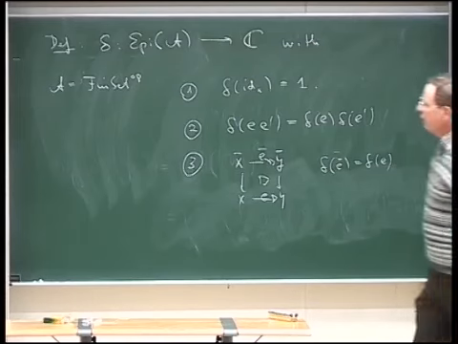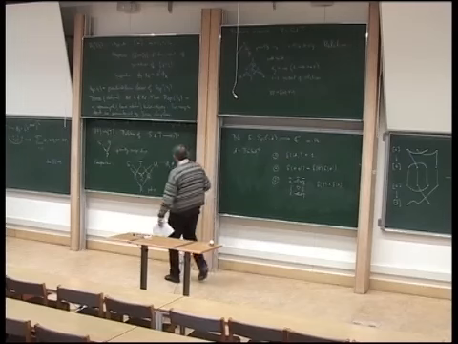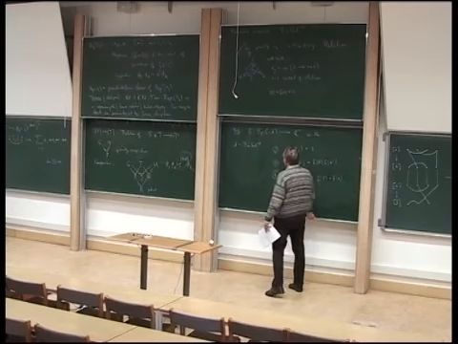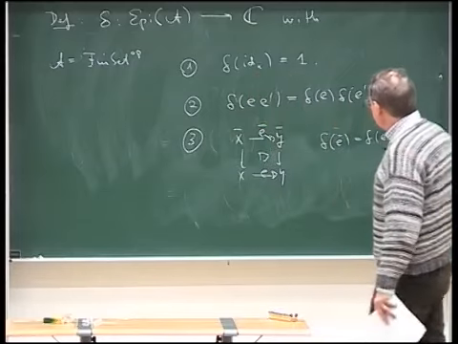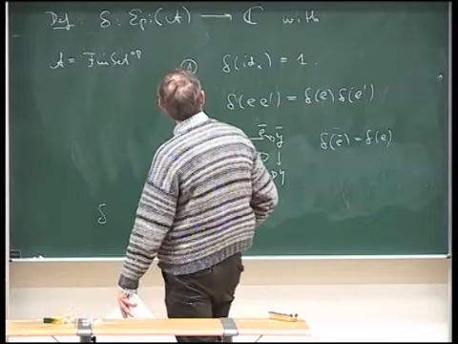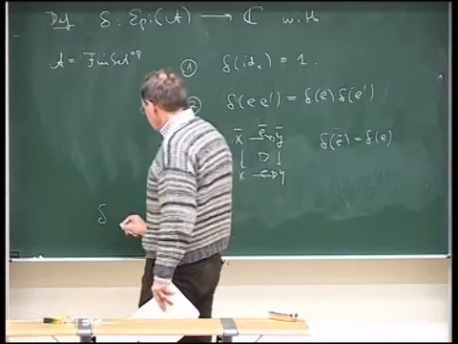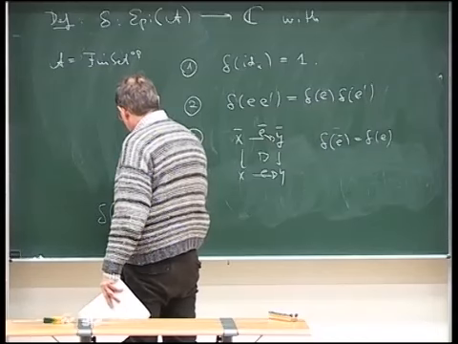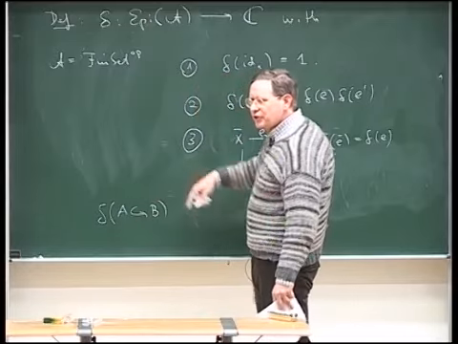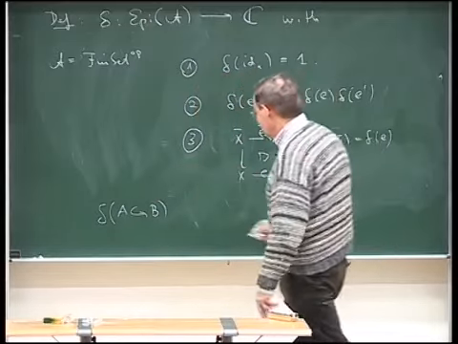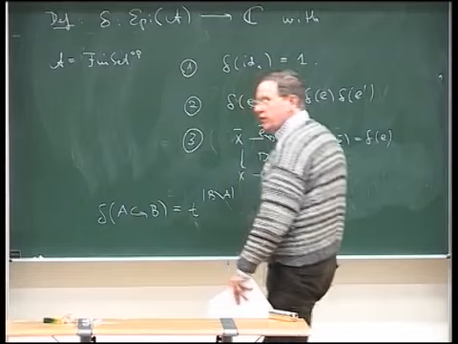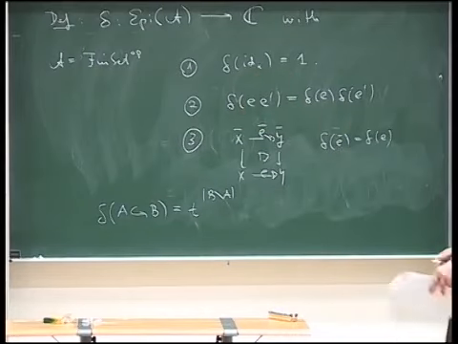And if you go through this particular category, then you see that the only degree function is delta of A, where injective maps are now the epimorphisms, that is T to the number of elements in the complement. That's the only possibility.